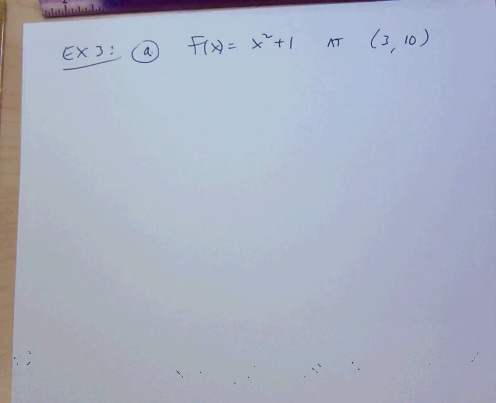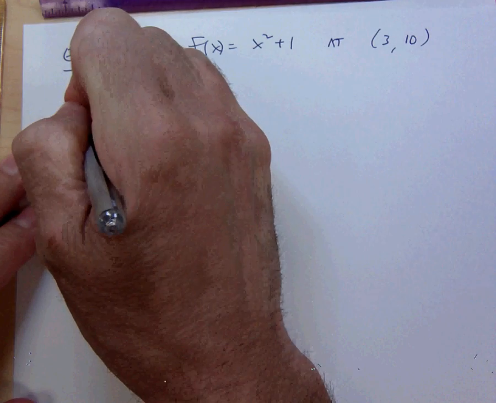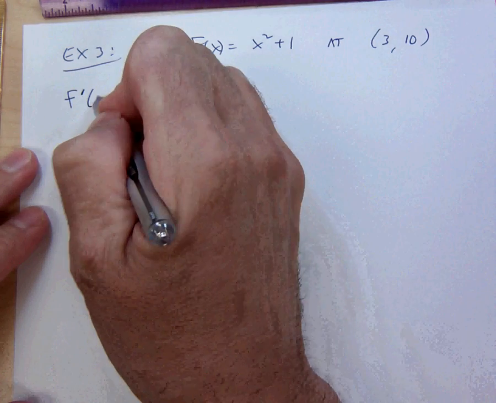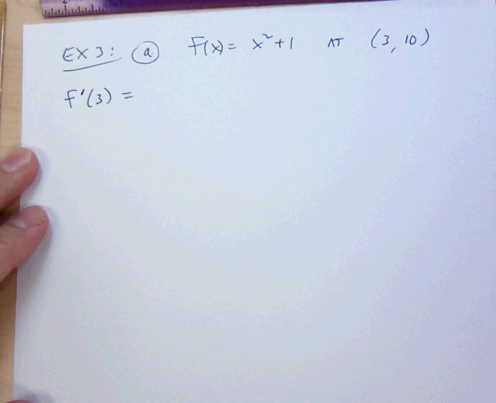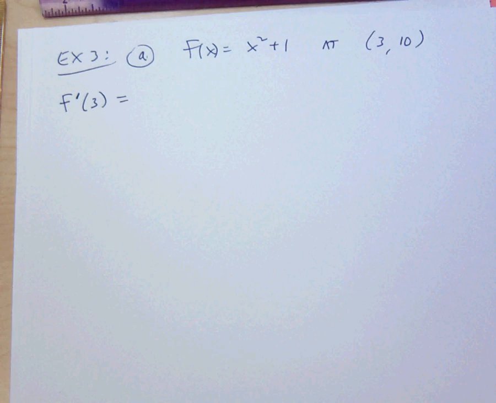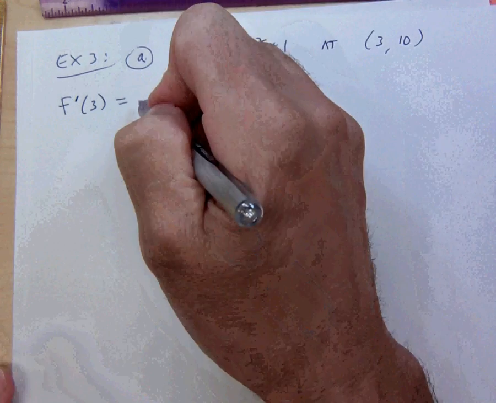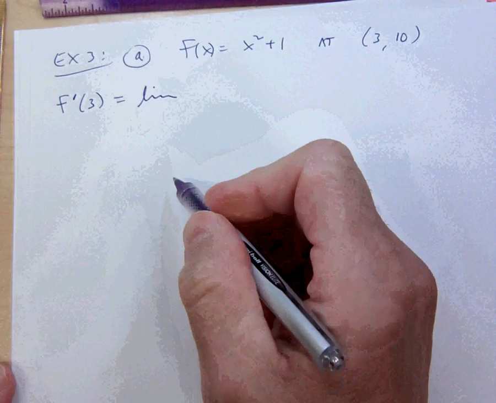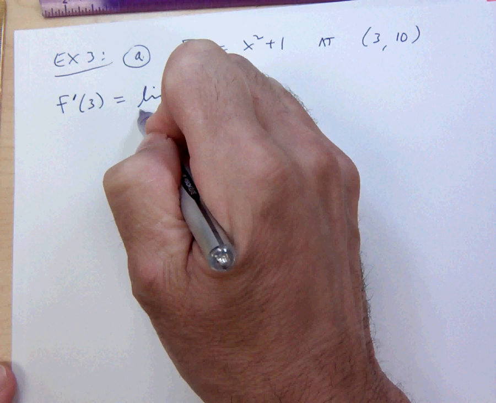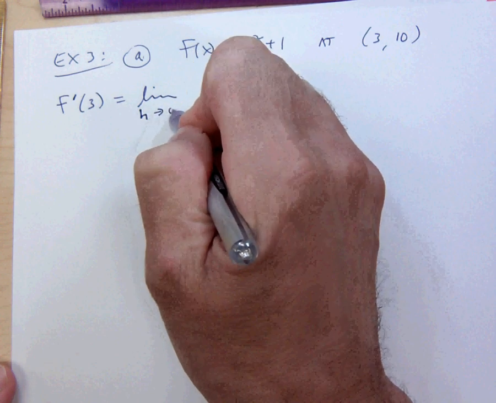Here it goes. So to find f prime of a, which in this case is f prime of 3, which by the way will be the slope of the tangent line at the point 3 comma 10 here, you take the limit as what? What is it? h goes to what? 0.